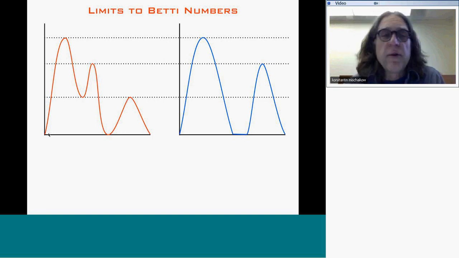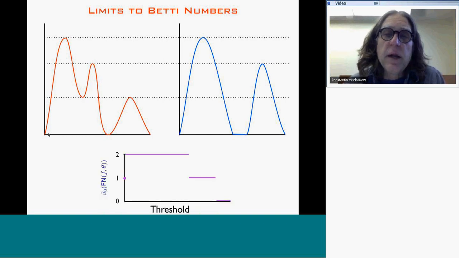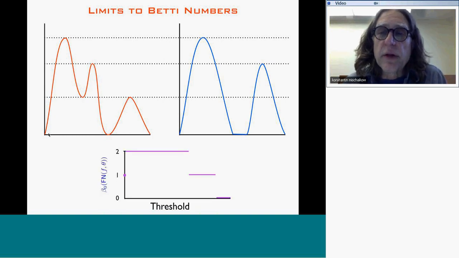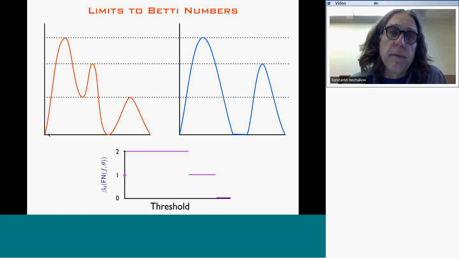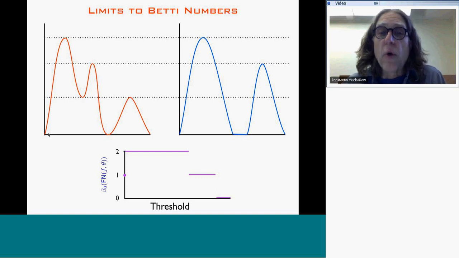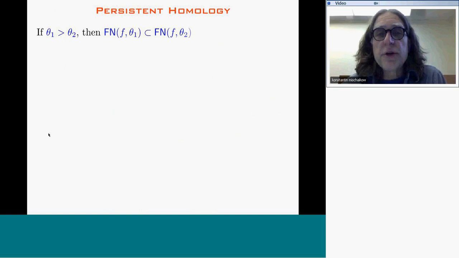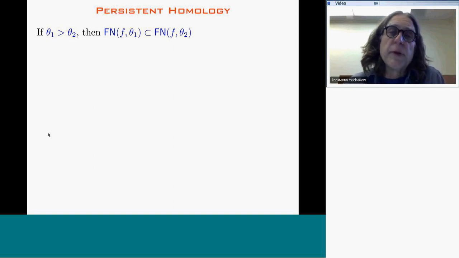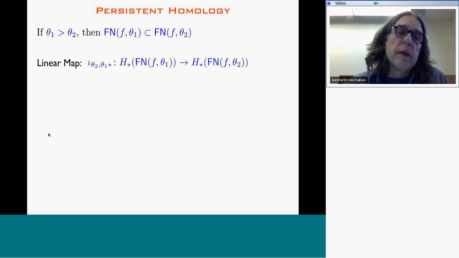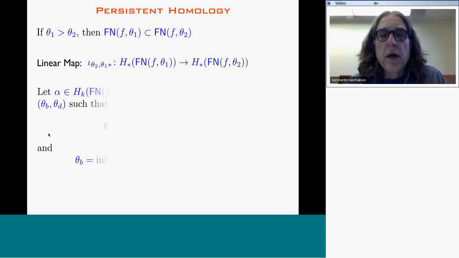So here are two graphs where if I count the Betti numbers at any threshold, they look exactly the same. But I think all of us would agree that the functions are quite different. Persistent homology then is to realize that if you change the thresholds, then you get inclusion maps between the domains, and that induces a linear map on homology.